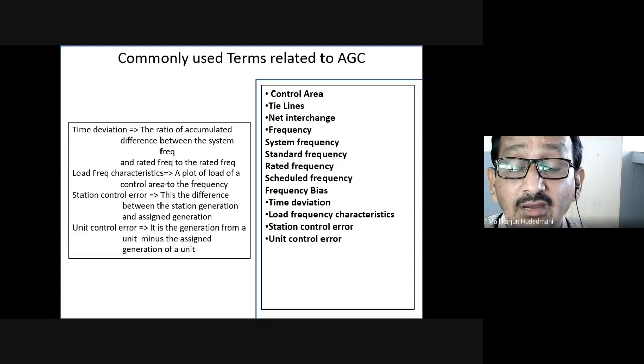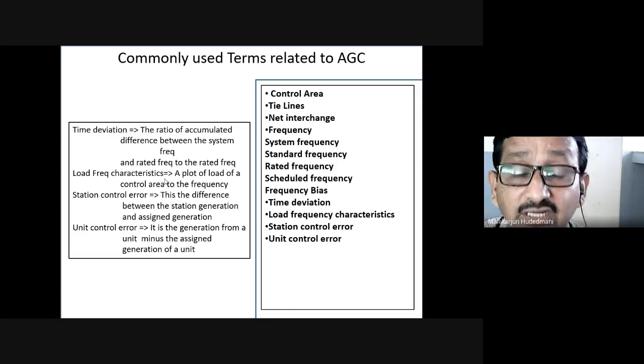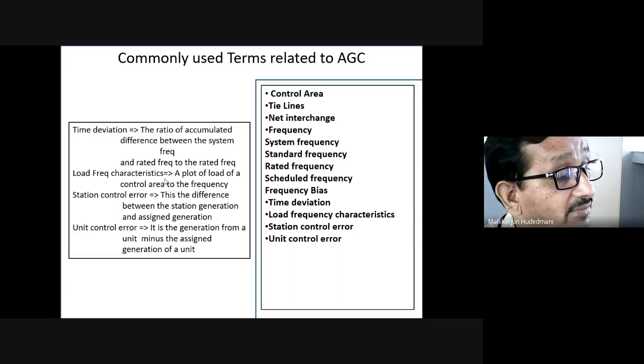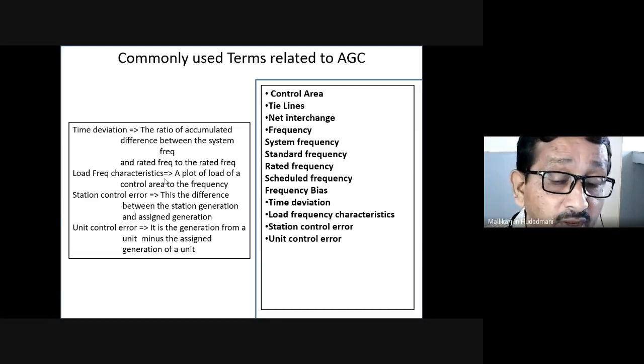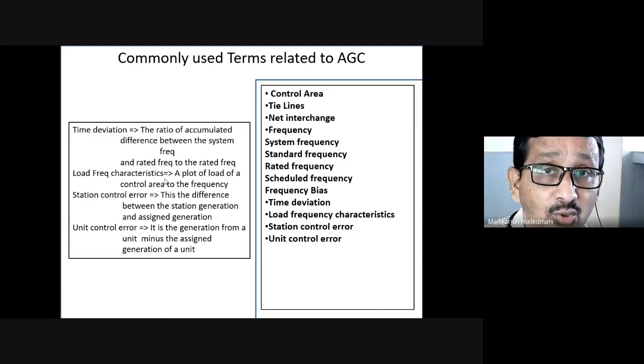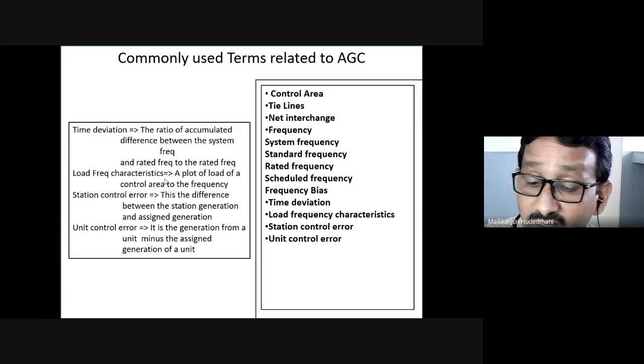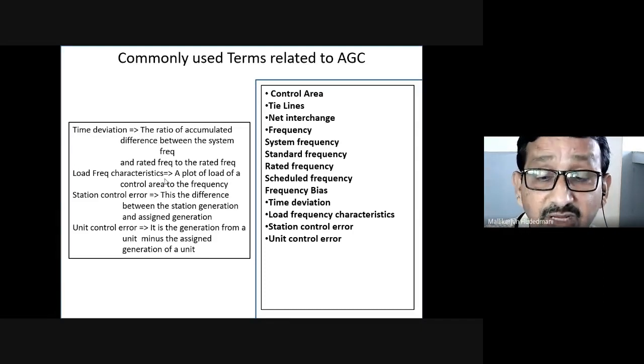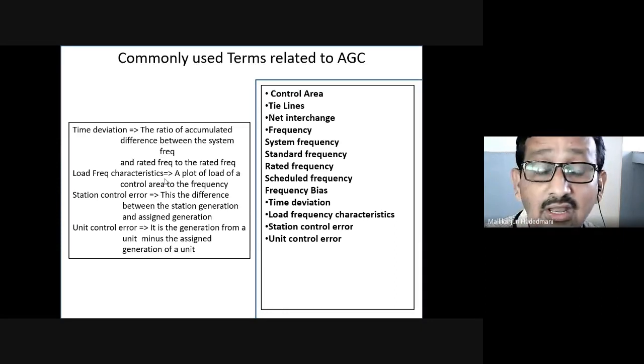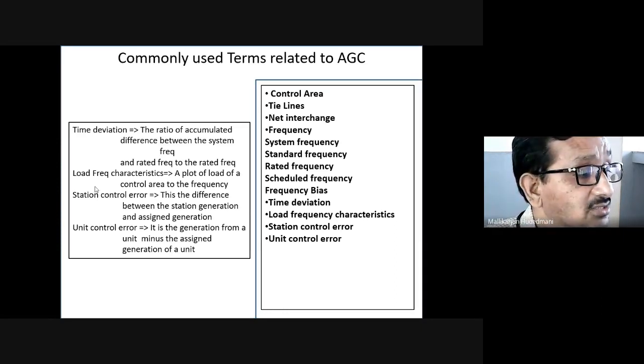That becomes a characteristic of a generator. Like load frequency characteristics pertain to a station, as the load changes, its impact on the frequency we are measuring. Similarly, from the generator perspective, we can consider generation and its frequency.